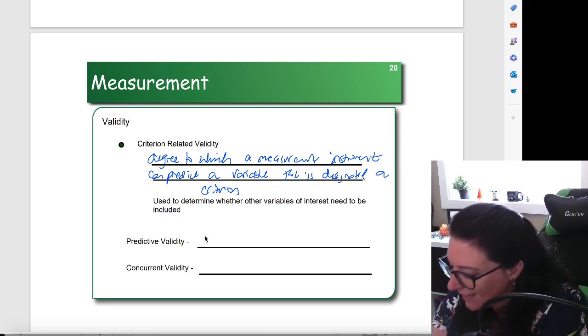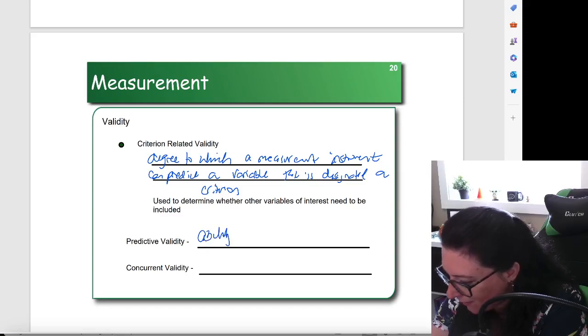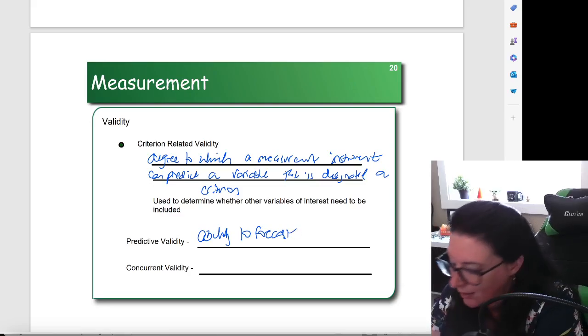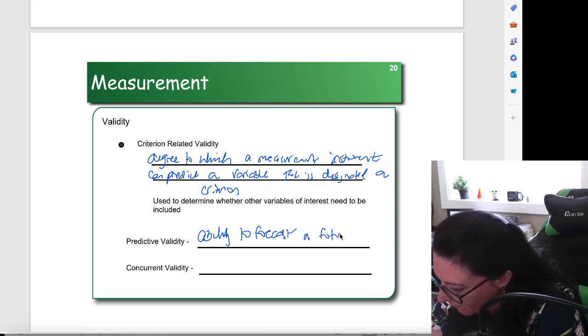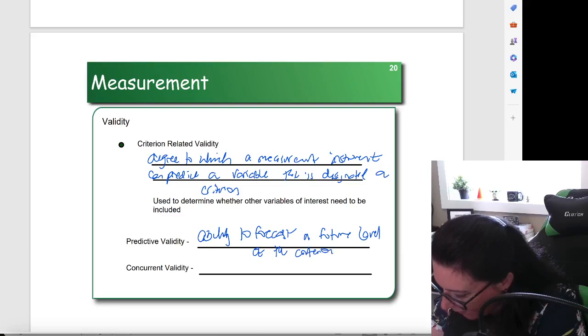Predictive validity is the ability to forecast a future level of the criterion variable.